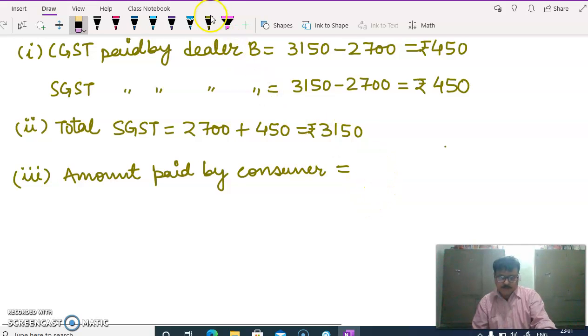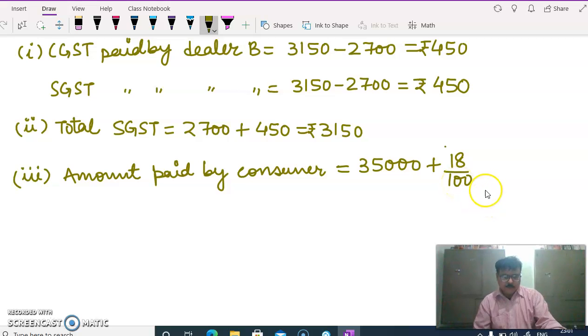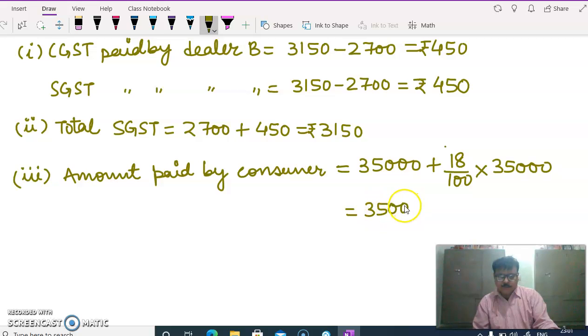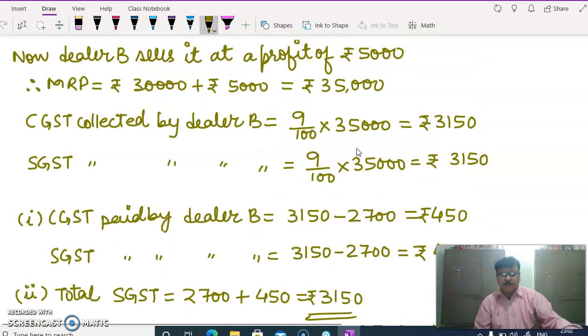He has to pay 35,000 first, which he will get as he has paid it, plus the 18% GST applied on it. So 35,000 plus 6,300, that is rupees 41,300.